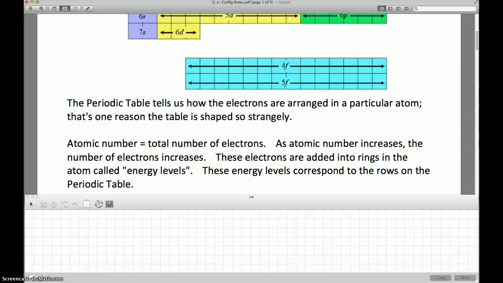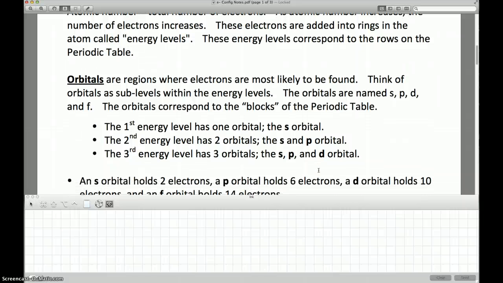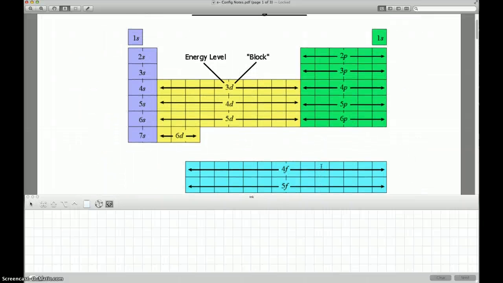And these electrons are added into rings that we're calling energy levels. Now, orbitals are regions where electrons are most likely to be found. And we have 4 different types of orbitals: S, P, D, and F. And that's also the name of the blocks on the periodic table diagram here.